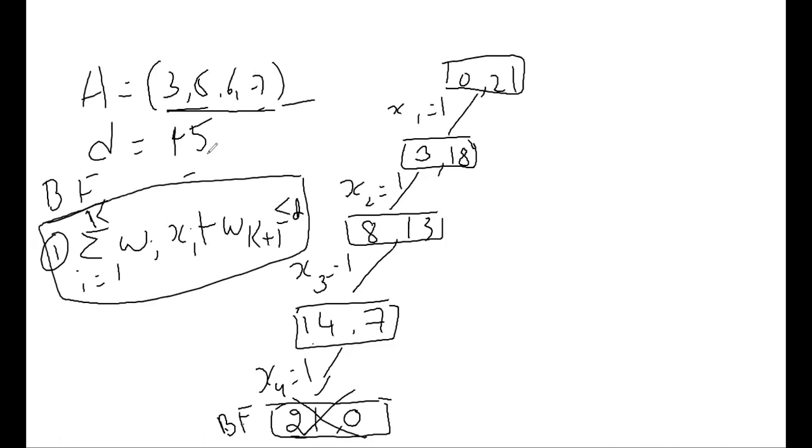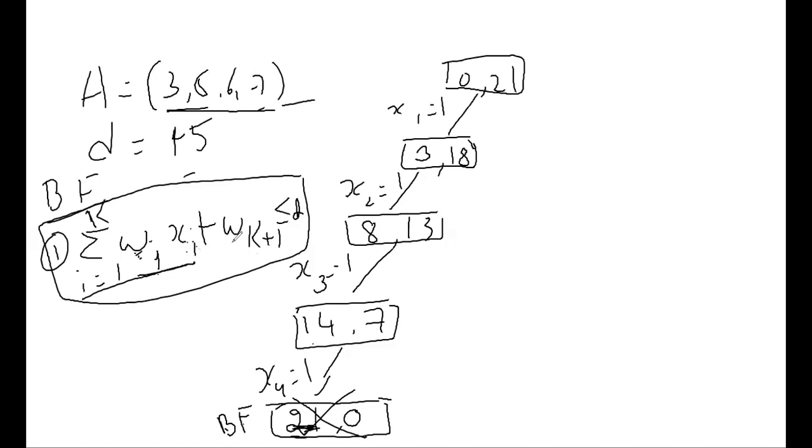What it says is that this is nothing but the sum of the weights included so far plus the sum of the next weight, and this should be less than or equal to d, correct?